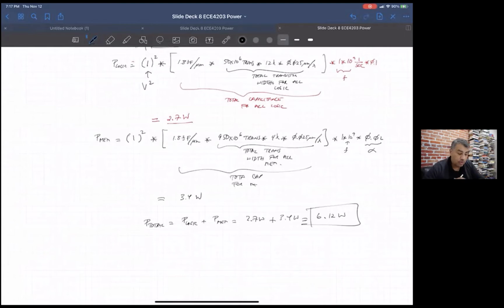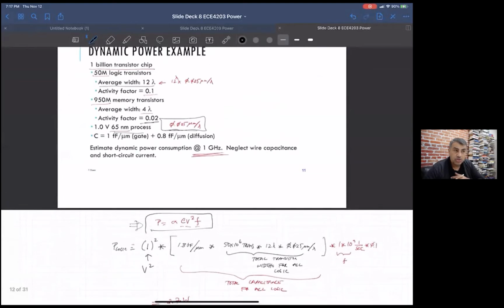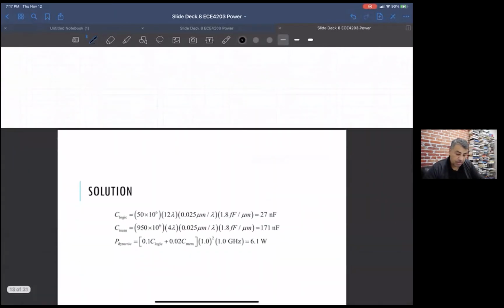Or you've oversized your memory transistors: instead of 4 lambda width, you weren't as careful with the design, or you gave yourself too much margin speed-wise, and you made them 6 lambda or 8 lambda wide. So this is stuff to be careful about.